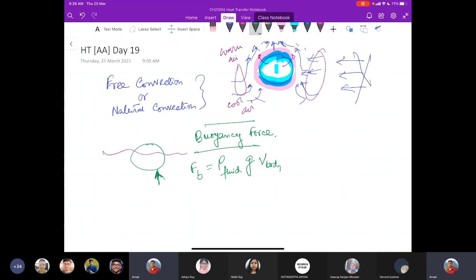And V body is the volume of the portion of the body that is immersed in the fluid. So in the case of a completely immersed body, it is the total volume of that object. And say if we do not have any other forces, there is a weight force acting on the body, and we have F_B acting upward on this object.